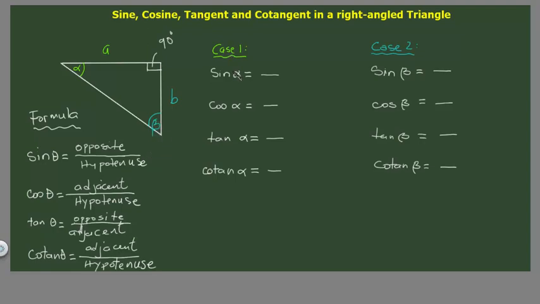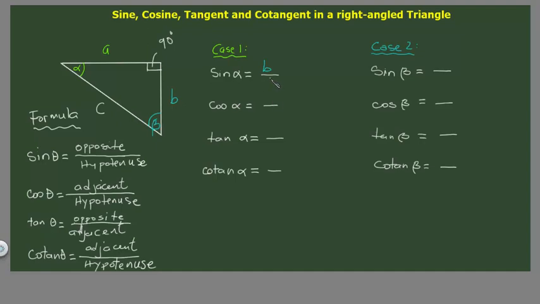Okay. So in case one, according to this general formula, we're talking about the sine of alpha here. The sine of an angle is the opposite side over the hypotenuse. So the sine of this angle is the opposite side, which is b, over the hypotenuse, and the hypotenuse, oh, I forgot to put it, it's c.